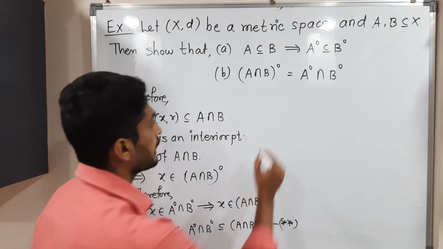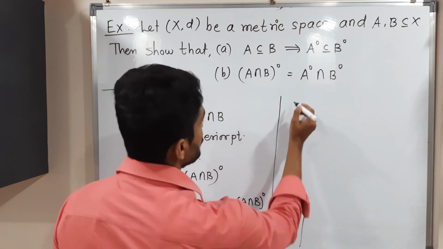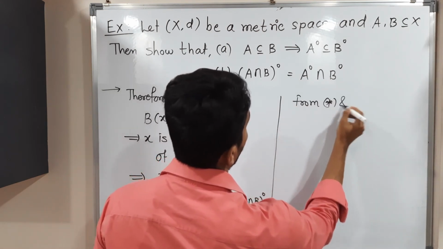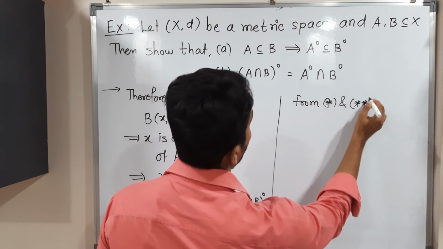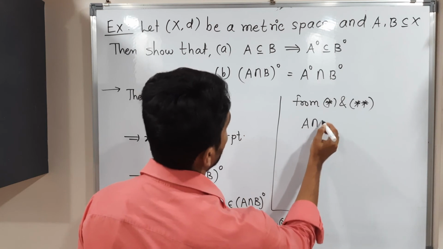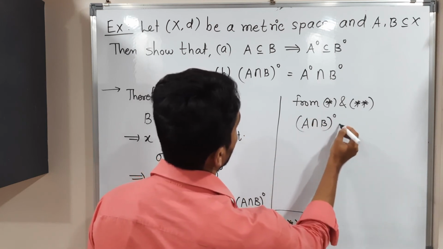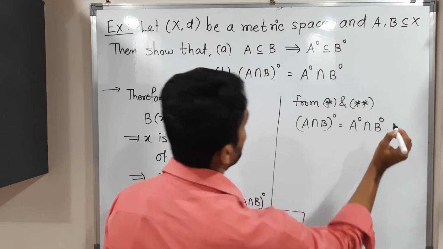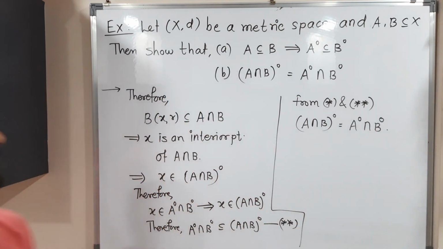So if you combine, I will mention simply from star and double star. If you combine both statements, what will you have? We will have equality. That means the interior of A intersection B is equal to A interior intersection B interior. In this way, we completed this example. Make a screenshot of it. After that, we will stop. Thank you. Bye-bye.